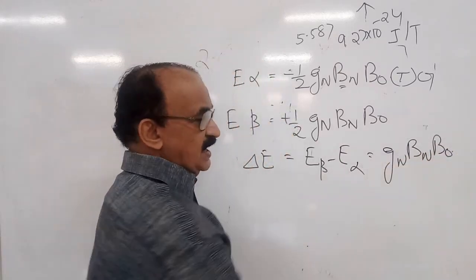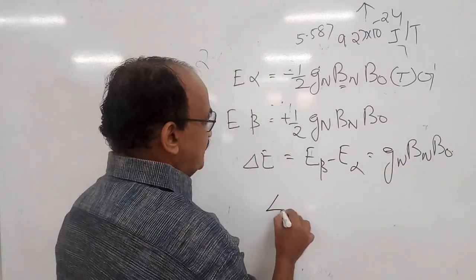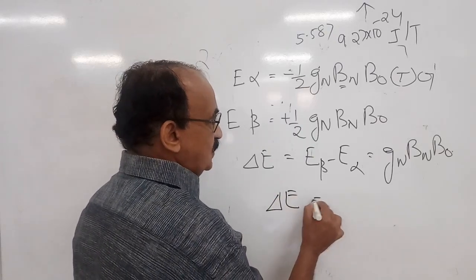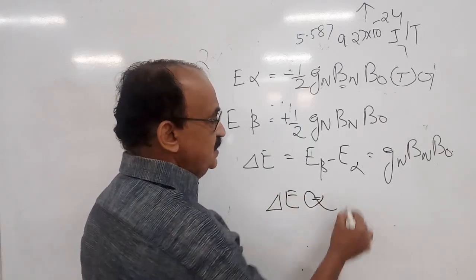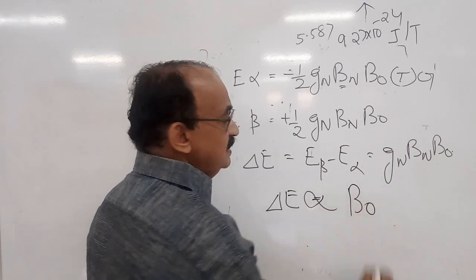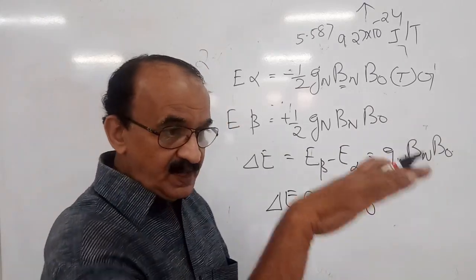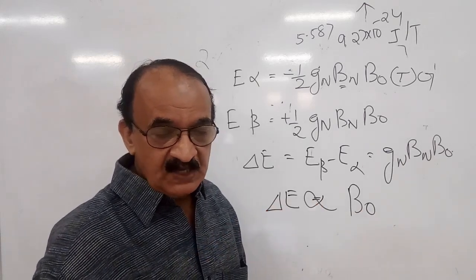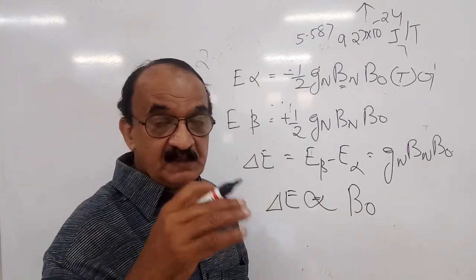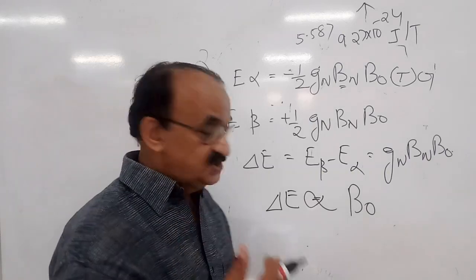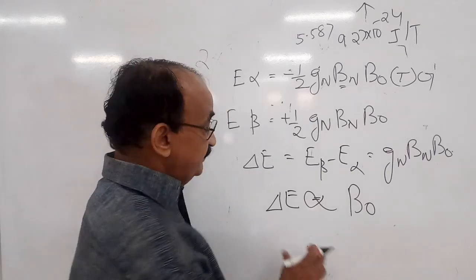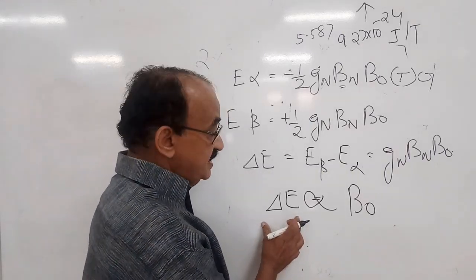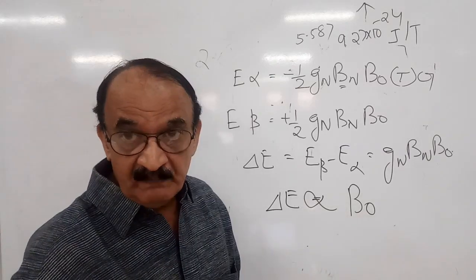So Gn and Bn are constant. We know delta E is proportional to the strength of the applied magnetic field. Therefore the separation can be manipulated by changing the magnetic field. So the resolution of the spectrum can be improved by changing the magnetic field, because the energy level separation delta E is proportional to the strength of the magnetic field.